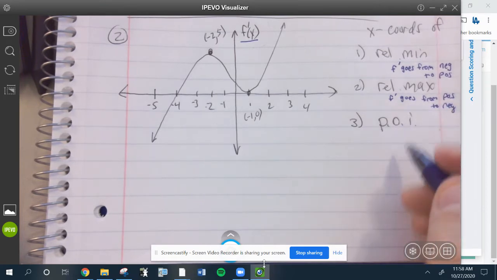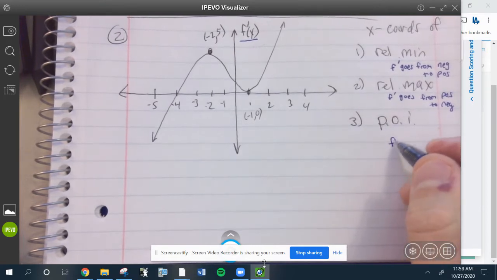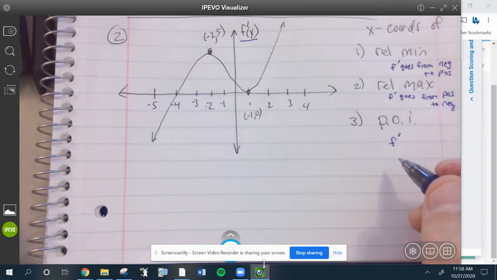And a point of inflection is when the derivative, well, it's all based off concavity. So we know a graph is concave up when the derivative is increasing. A graph is concave down when its derivative is decreasing. A point of inflection happens at changes of concavity.